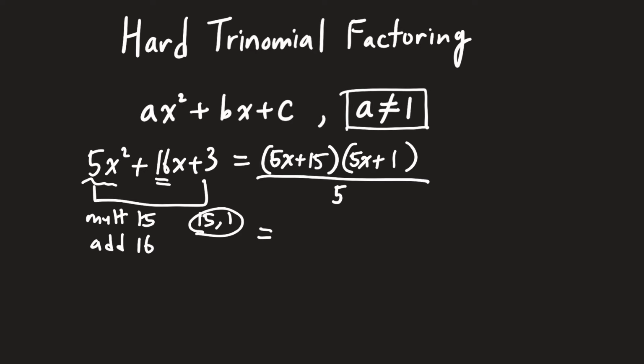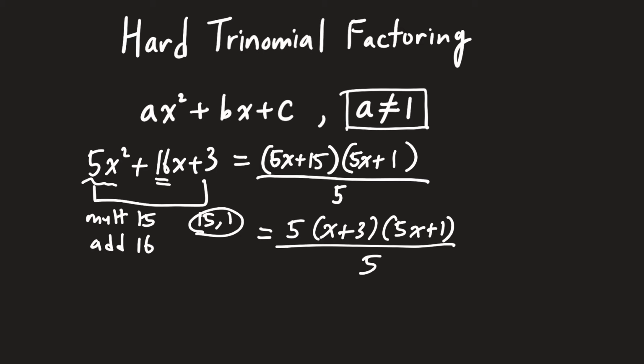Now what I'm going to do is from each of the brackets, I'm going to try to common factor as much as I can. So from the first bracket, I can common factor 5. And this inside the bracket becomes x plus 3. In the second bracket, I can't really common factor anything out. It's already reduced. So I just leave it as is.